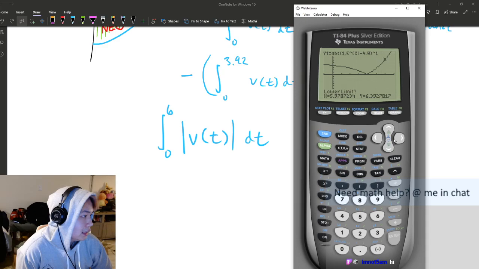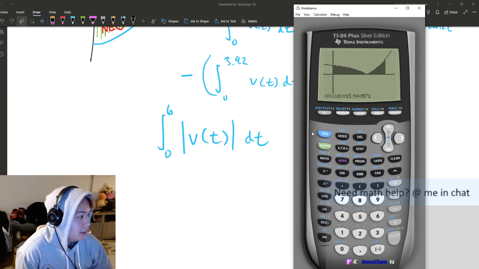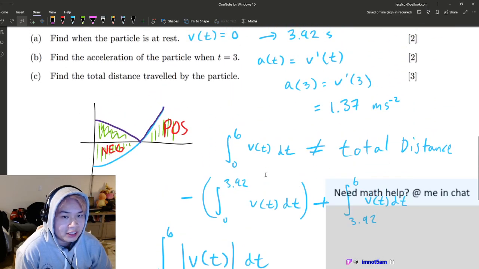Oh, I didn't do integral. Choose the integral and then pick the lower limit as 0, the upper limit as 6. And then there you go. So the total distance you actually traveled is 15.4 meters.